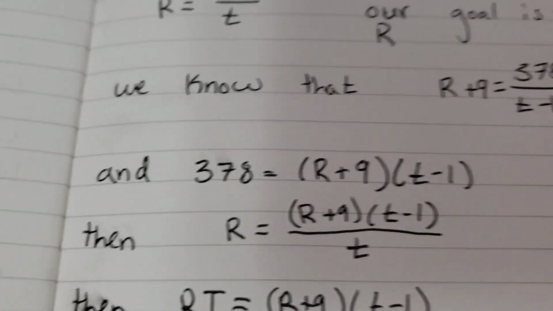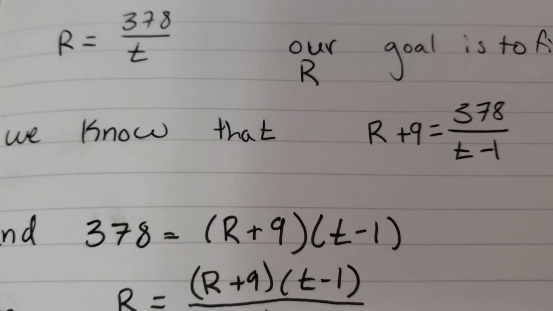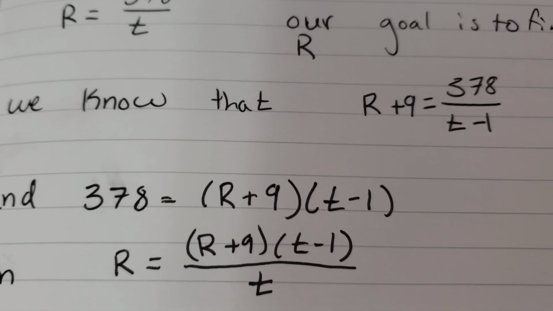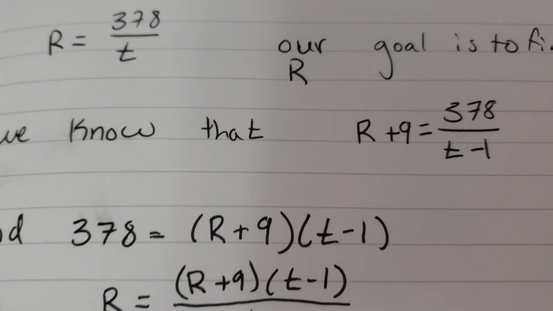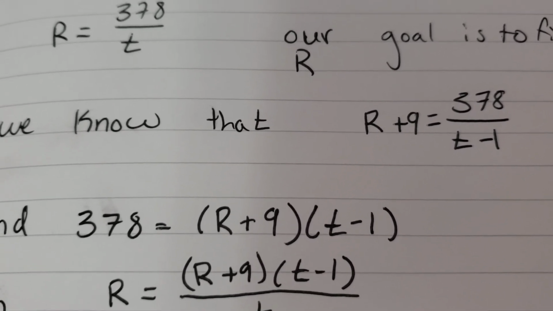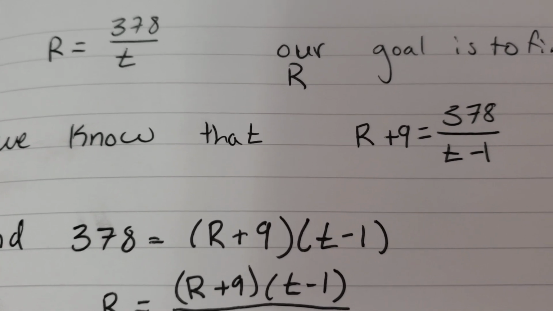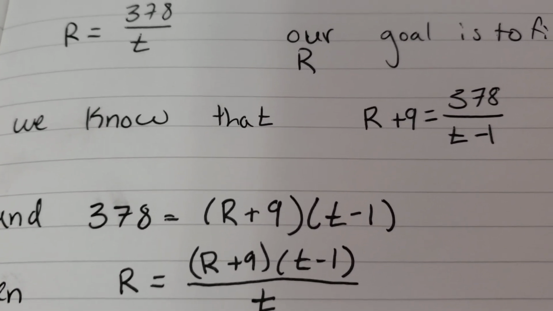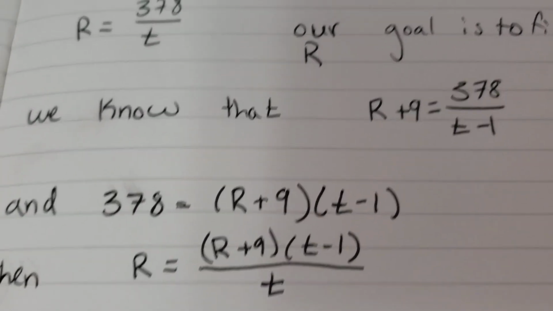So when you have that, then you can make this nifty little equation by basically multiplying both sides by r plus 9 and then dividing by 378. So it moves over like this, and basically reforming it as distance equals rate times time.